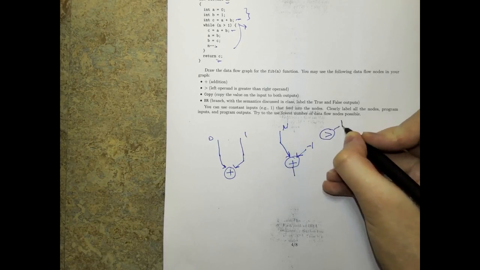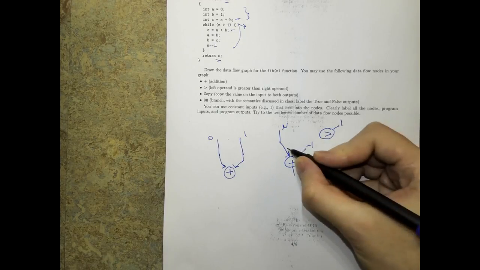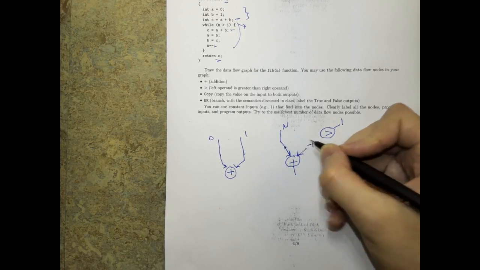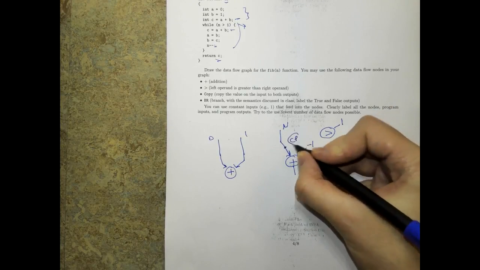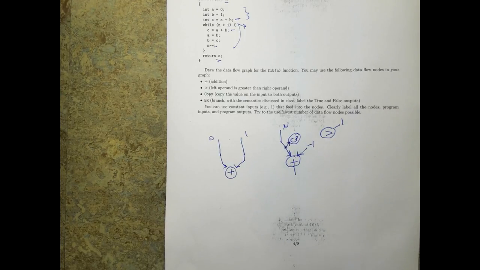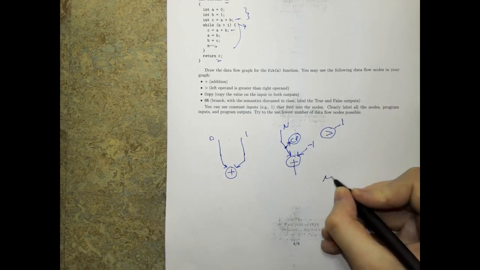We compare against 1, and then here we'll need a copy node, right? Let's put it like CP. Okay, let me draw that part again. So we'll have n.